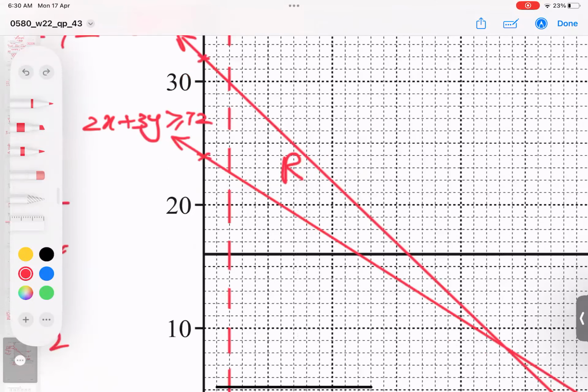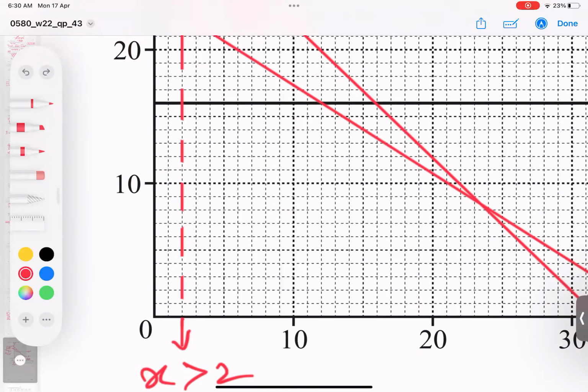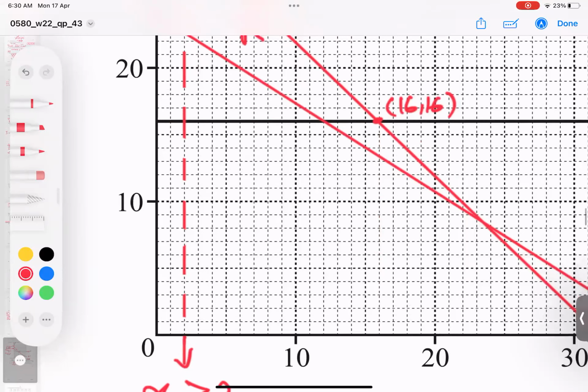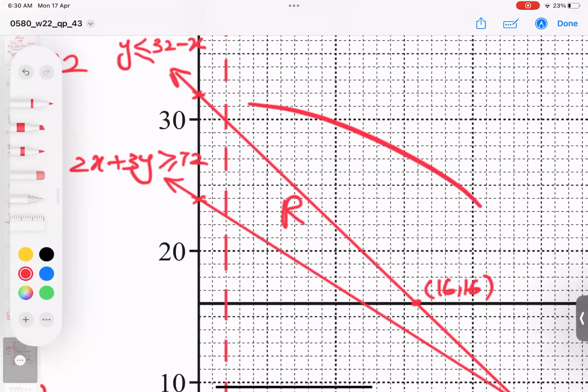So I think this number I can check. This is coming here, 16 and here 16. So 16, 16 is one possibility. Now the problem: this is a dotted line.